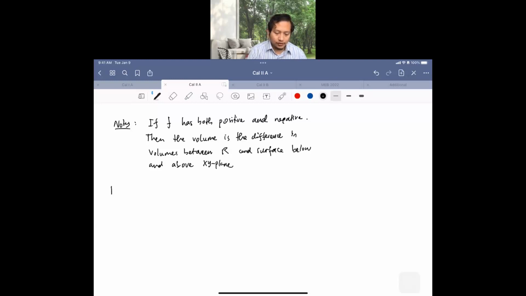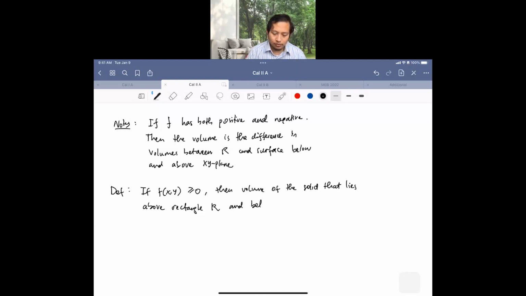Okay, let me give you the formal definitions. If the function is positive, then the volume of the solid that lies above rectangle R and below surface C can be written as the double integral of f(x,y) dA.